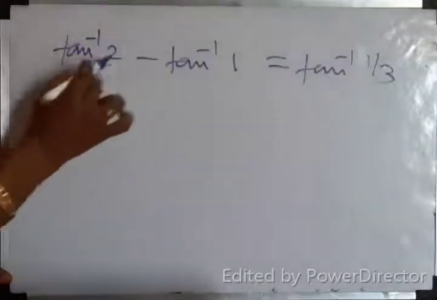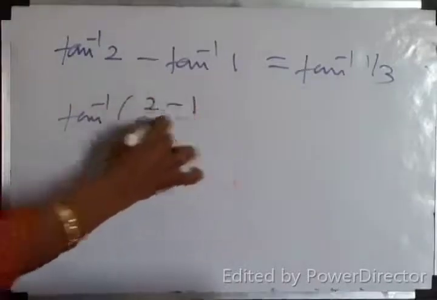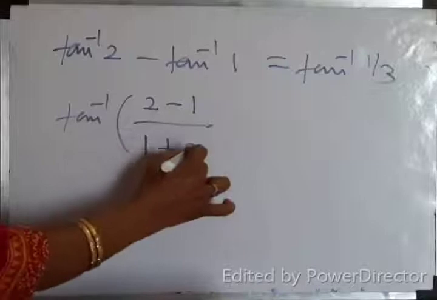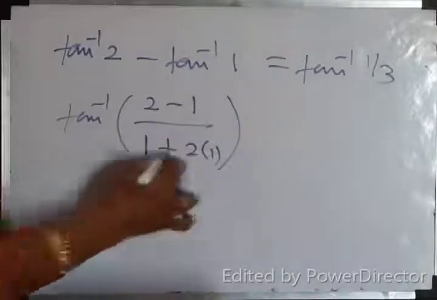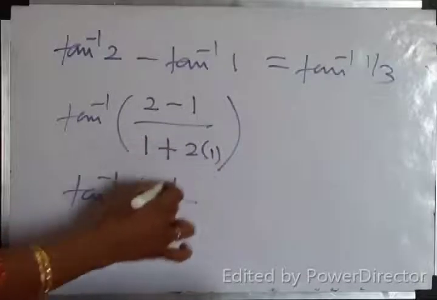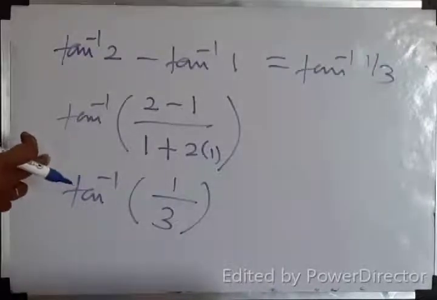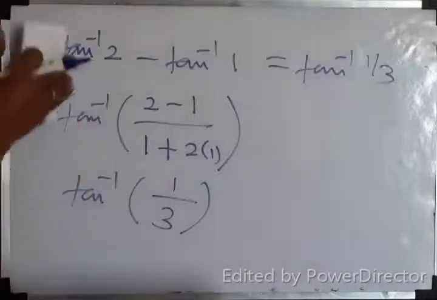Tan inverse x minus tan inverse y is tan inverse of x minus y by 1 plus x into y. So tan inverse of 2 minus 1, 1; 1 plus 2, 3. Proved. Do you understand? Now it's very simple, isn't it? Right.